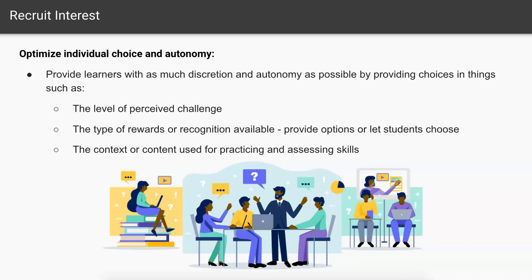Additionally, provide some contextual variations so that students can practice skills in relation to a context that relates to them. For example, allowing students to choose from a variety of topics to complete an assignment, or just simply letting them choose their own topic. And additionally, choosing whether or not they want to work in a group or individually or in pairs is also helpful.